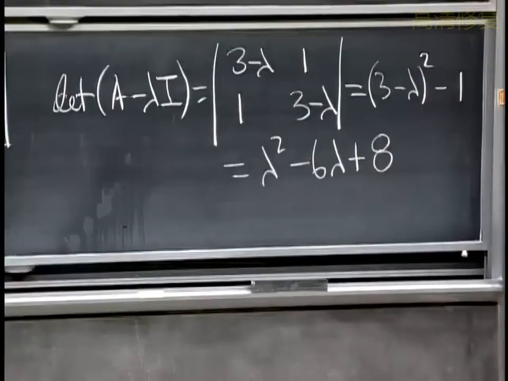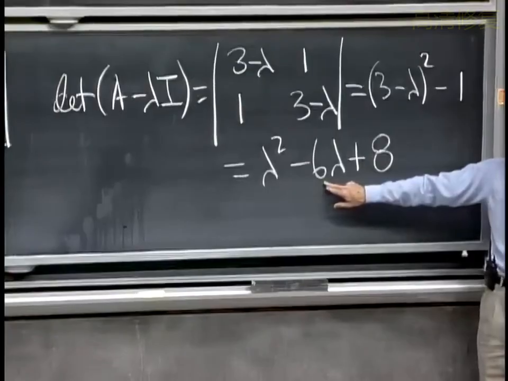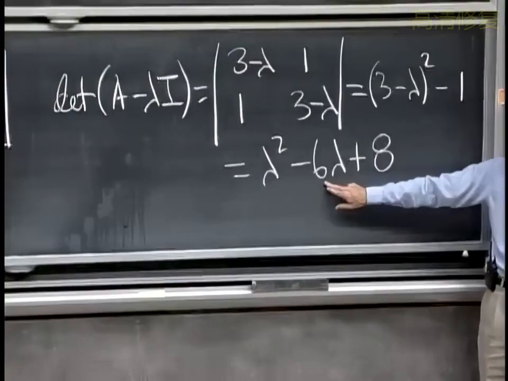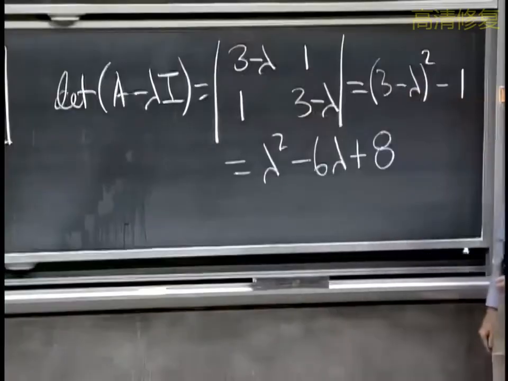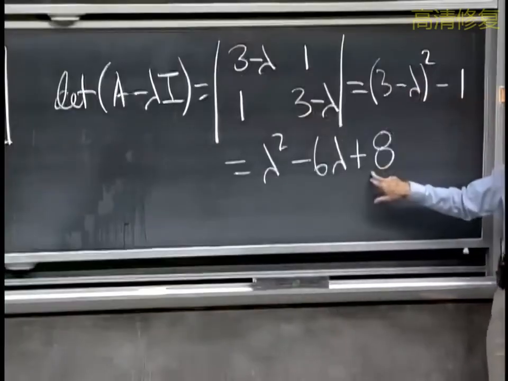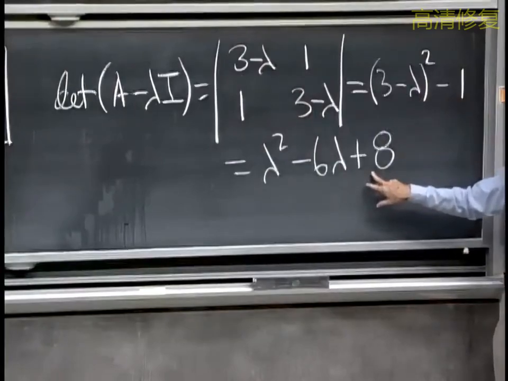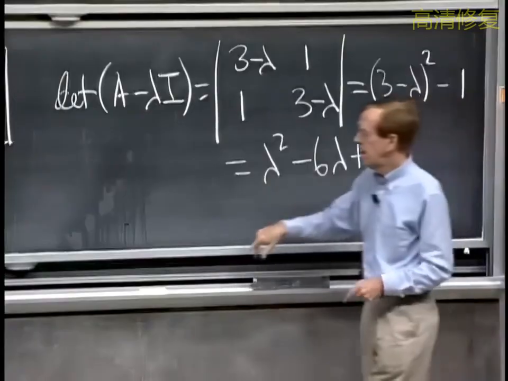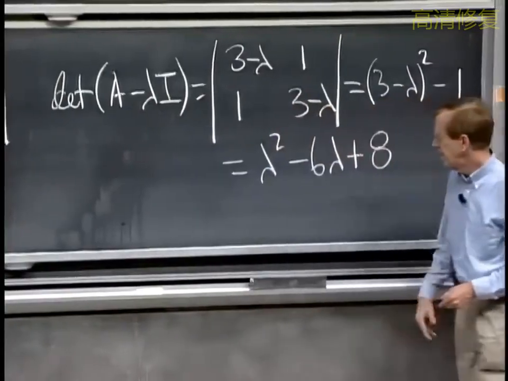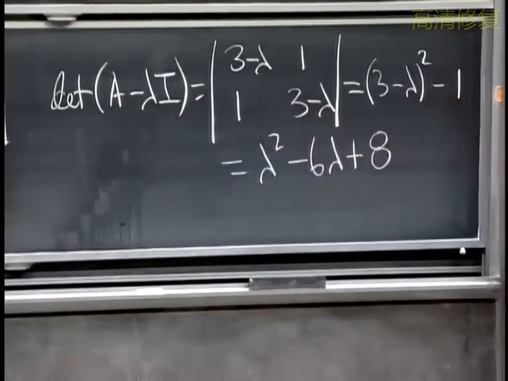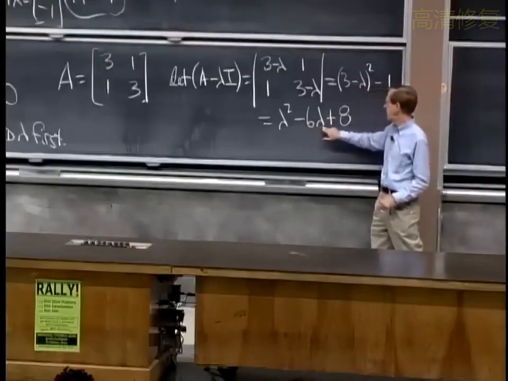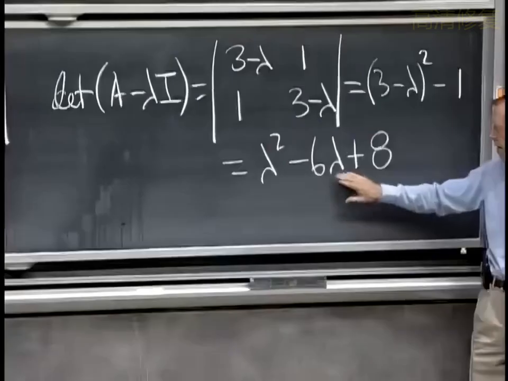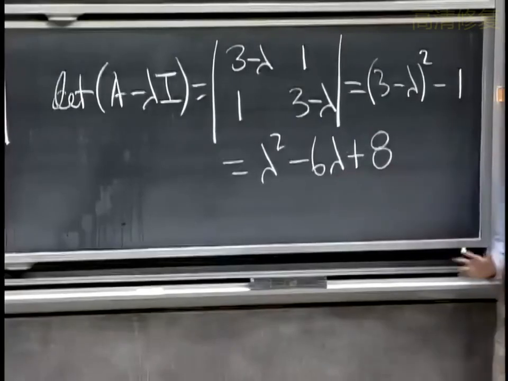Before I do it, tell me, what's that number 6 showing up in this equation? It's the trace. That number 6 is 3 plus 3. And what's the number 8? It's the determinant. Our matrix has determinant 8. So in a 2 by 2 case, it's really nice: lambda squared minus the trace times lambda, the trace being the linear coefficient, plus the determinant, the constant term.